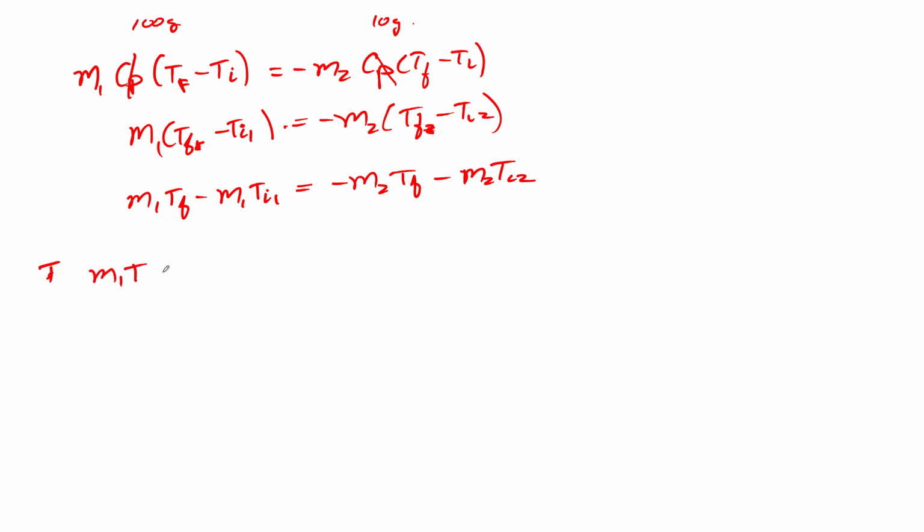So M1 temperature final, let's rewrite this as 100 grams times TF minus 100 grams times 60, is equal to minus 10 times TF minus 10 times 20.